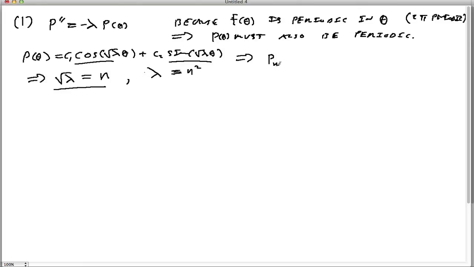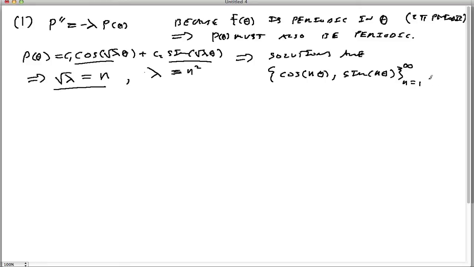Well, we should rewrite this a bit. Really, the solutions are the set cosine n theta and sine n theta, n equals 1 to infinity.